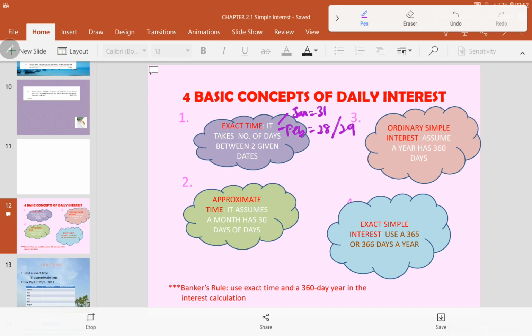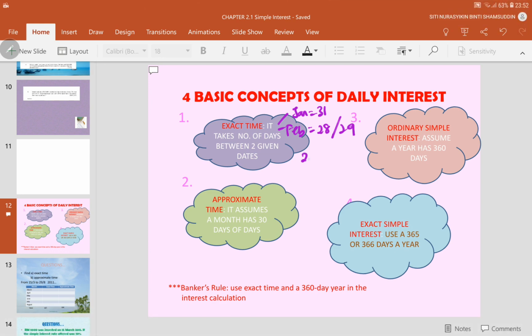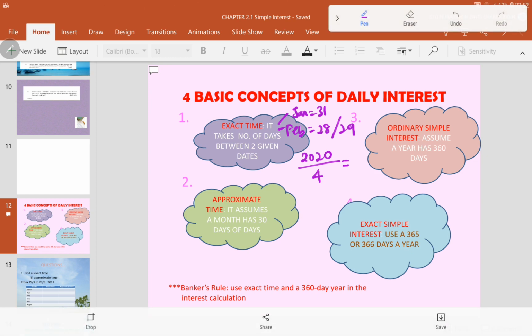To check whether the year is a leap year or not, you just take the year, let's say 2020, and divide by 4. If you get an exact number, nombor bulat, without any decimal, then it is a leap year.